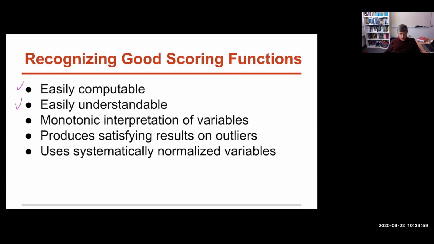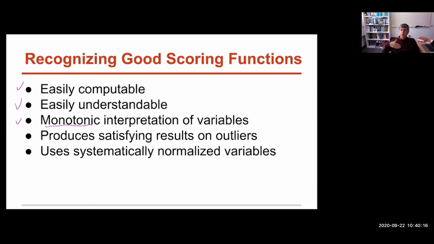If it treats the variables in a monotonic way, usually if you're building a scoring function, you want features where it's clear what values are good and what values are bad.